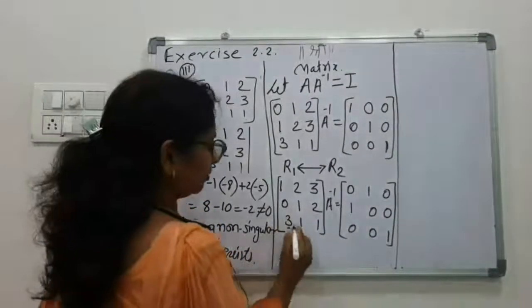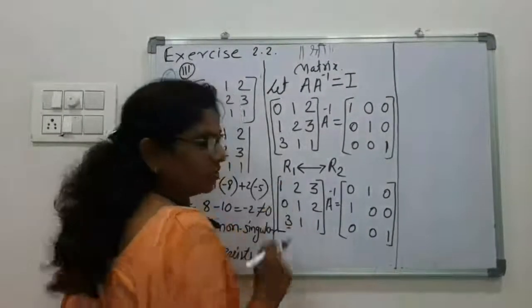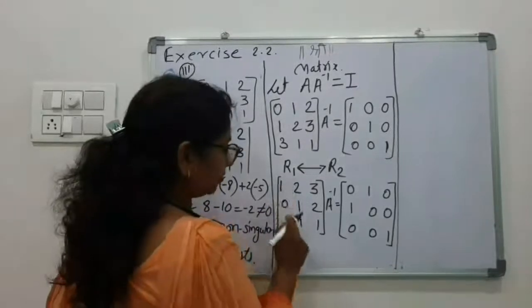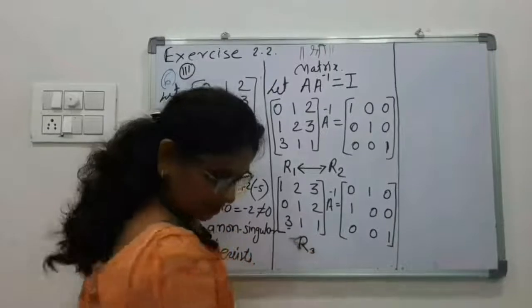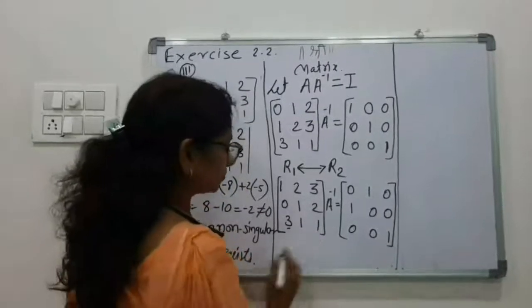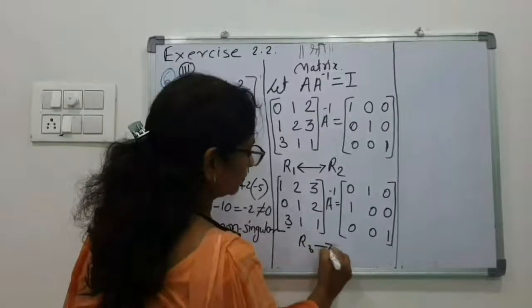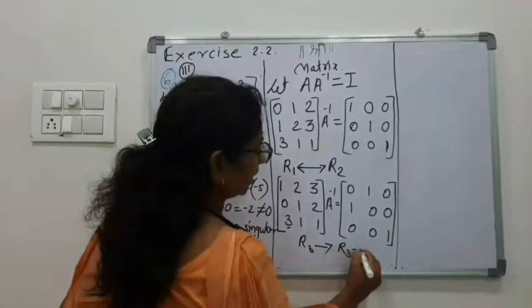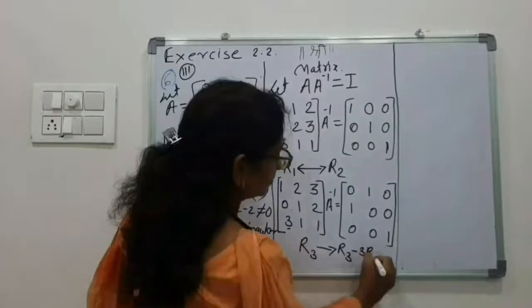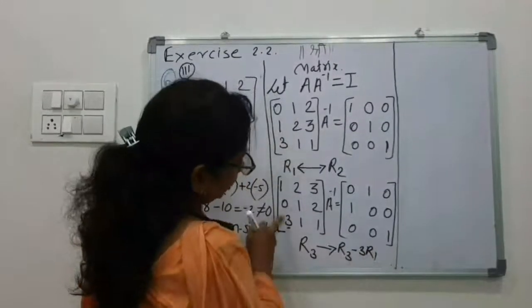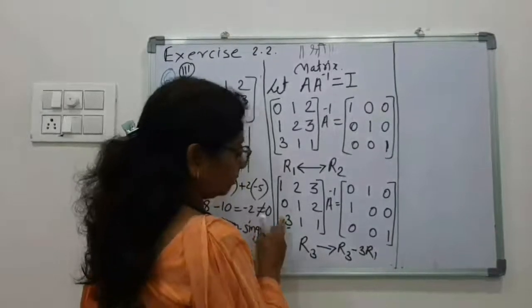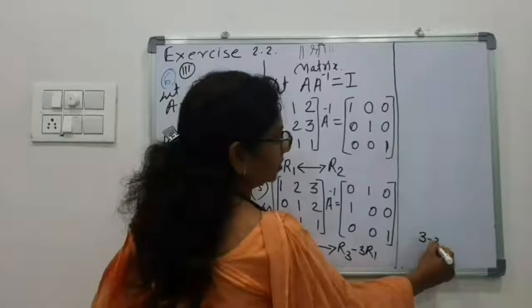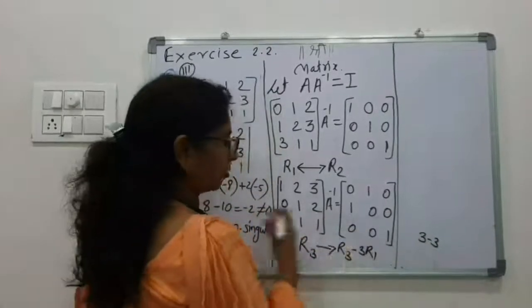Here we are using R1 because R1 is 1 there. So using R1, R3 will change to R3 minus 3 R1, because if we subtract 3 from 3 we will get 0, but we cannot subtract 3 from R3 directly.